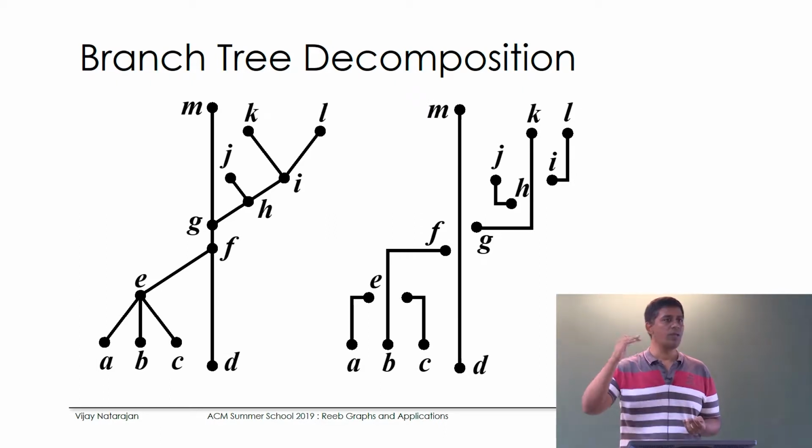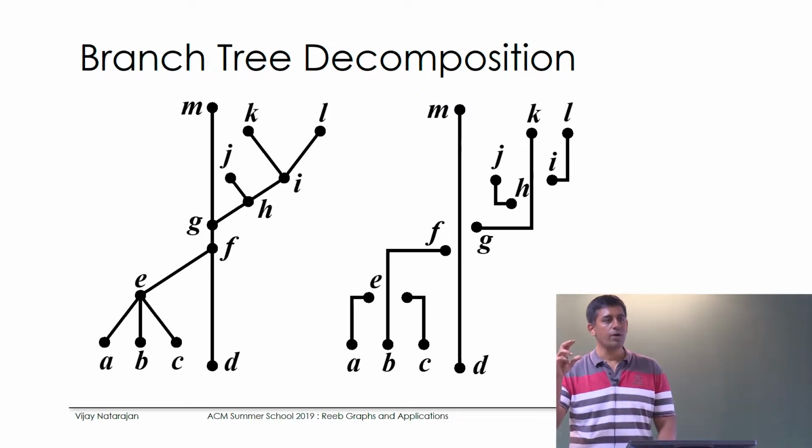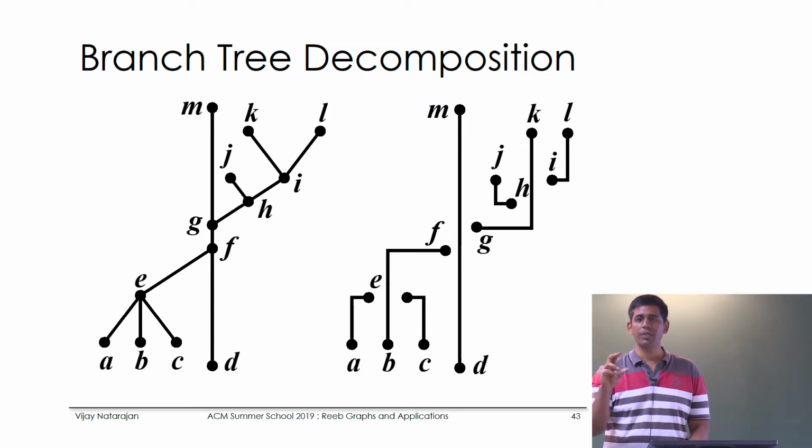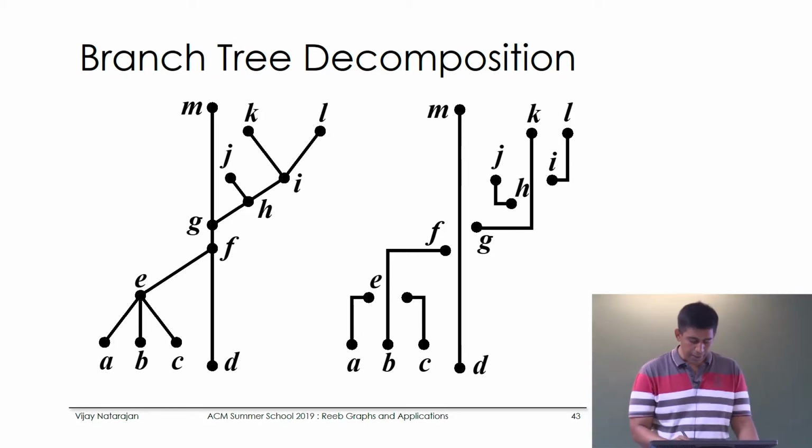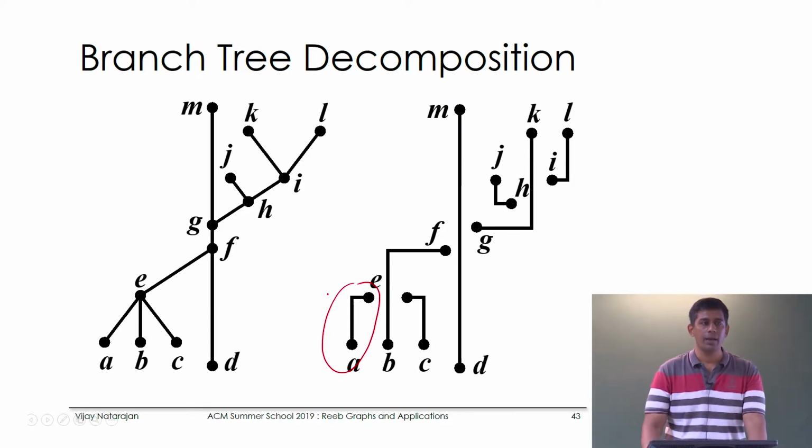As you remove the leaves iteratively, right, every leaf together with the arc connected to it becomes a branch, right. So let's assume that this was one of the early leaves that was removed, right.